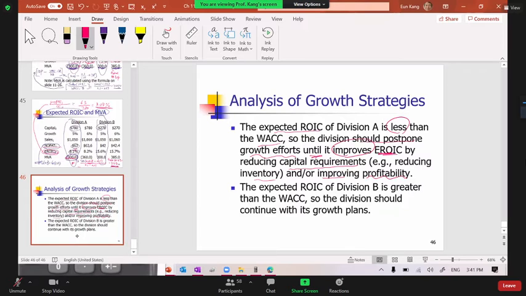So you have a negative MVA, and many people say, we have a negative MVA, so let's grow more. In that case, you have to say that if we grow, we'll be more negative. So let's just improve our operation first. So financial managers say that we have to, let's say, reduce capital requirements.